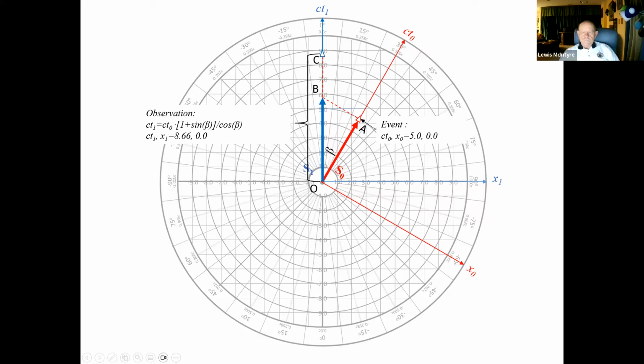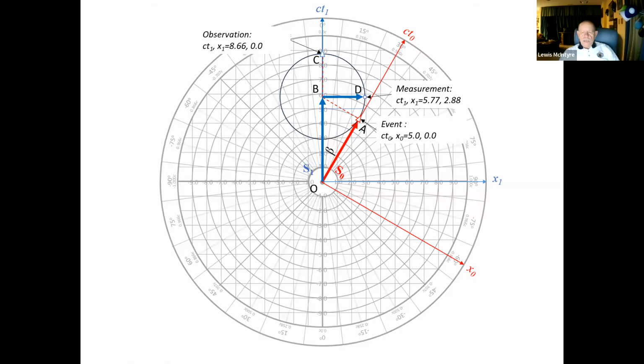The Doppler shift is also equal to the sum of the Lorentz transform of A, which is CT0 over the cosine for time, and CT0 times the sine over cosine for X.